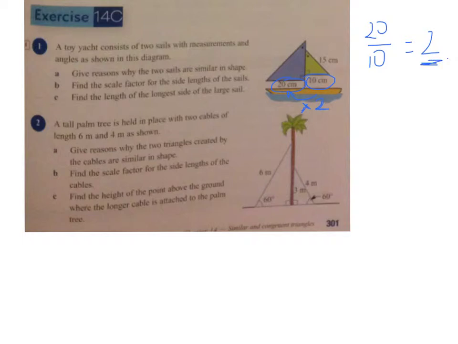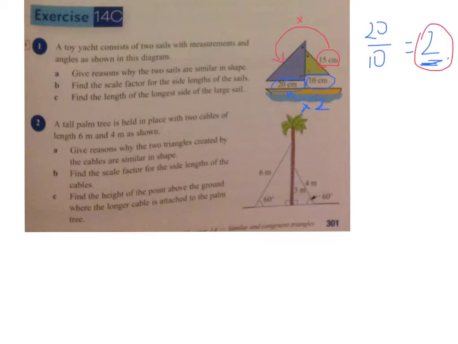So now let's have a look at this part C. It says find the length of the longest side. So which one's the longest side? Obviously this is our longest side. It's a hypotenuse. So we've got this one and this one. We've got our scale factor of 2. So we've got 15, we want it to go over to here.